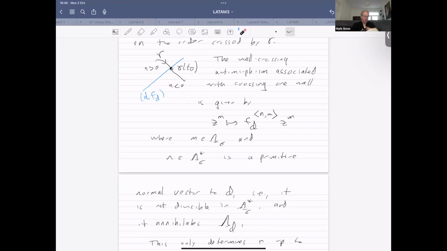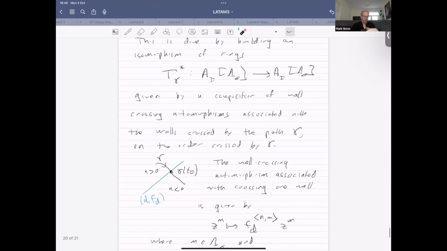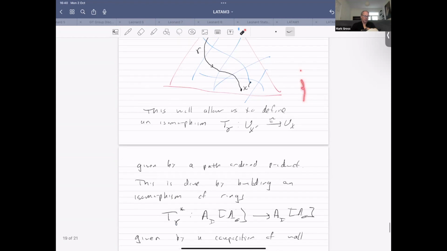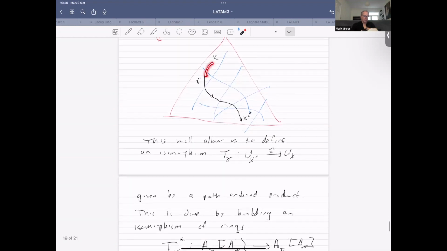Okay, so this completes the definition of this T gamma star, because we just take the composition now. I've now told you what happens every time we cross a wall. We have this very simple form for the wall crossing transformation, and then we just take the composition of this with this, with this, with this.